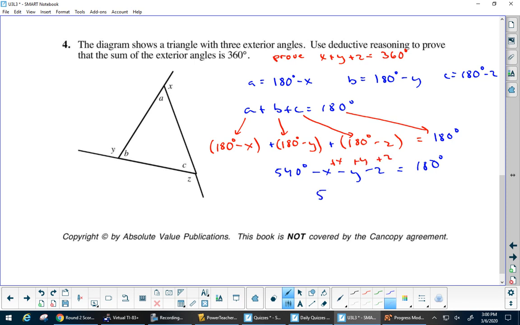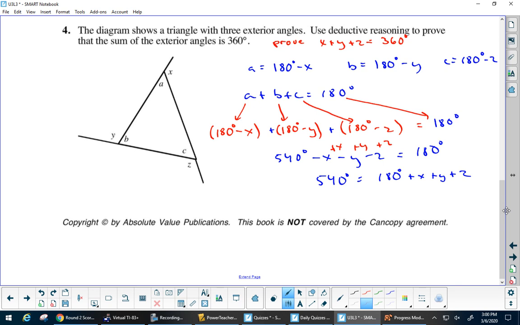So then I would get 540 degrees equals 180 degrees plus x plus y plus z. Okay, now almost done. What should I do next? Subtract 180 from both sides, which equals 360 degrees equals x plus y plus z.